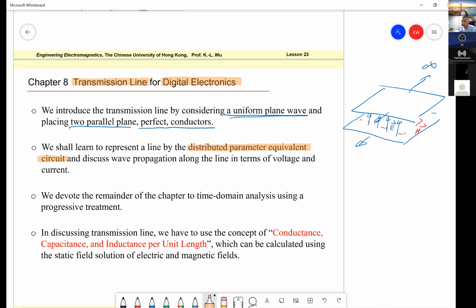And also, the second part of today, this is what I plan, we are also going to discuss time domain analysis. Let's say if we launch a pulse down a certain transmission line with a different termination or different circuit, what is the response in time domain?